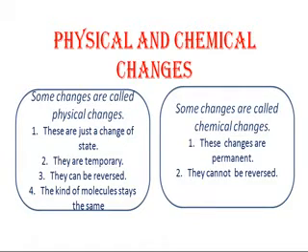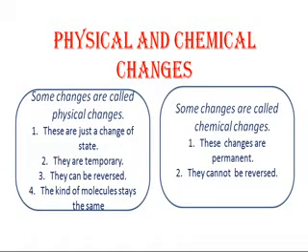Some changes are called chemical changes. They are different from physical changes. These changes are always permanent and they cannot be reversed. Like if we burn paper, we get burnt carbon, which remains black. Can we make paper from it?